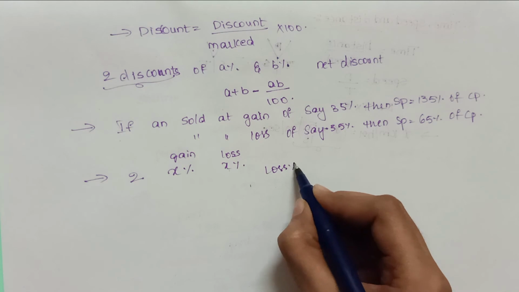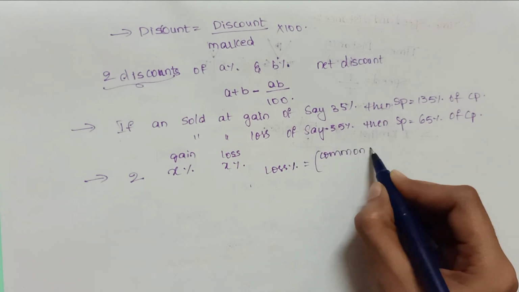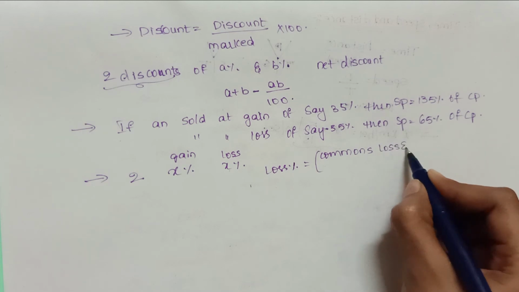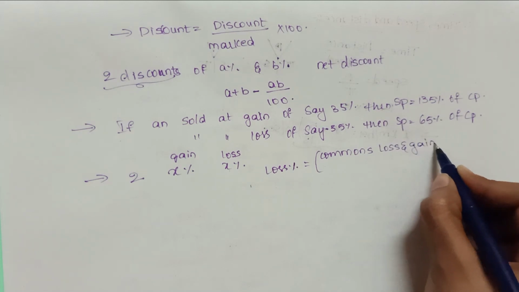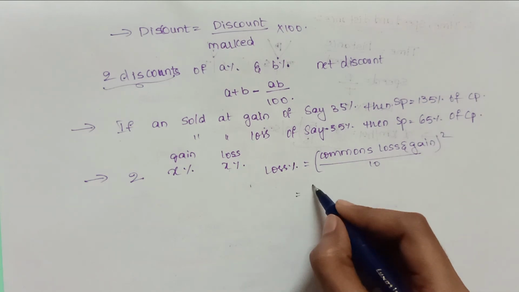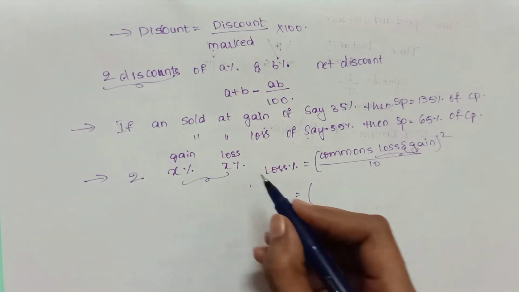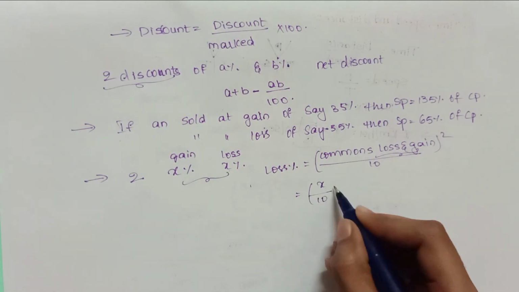Loss percent is equal to common loss and gain, which is (X by 10) whole square. So common loss and gain is (X by 10) whole square.